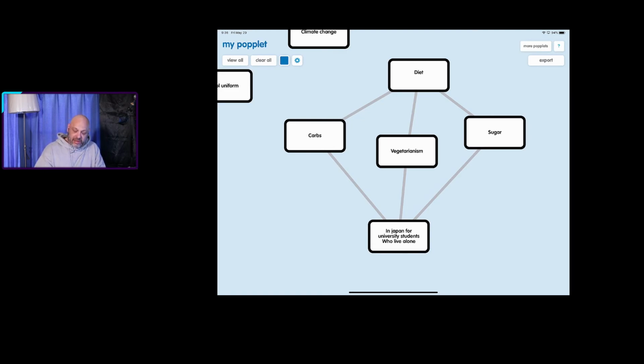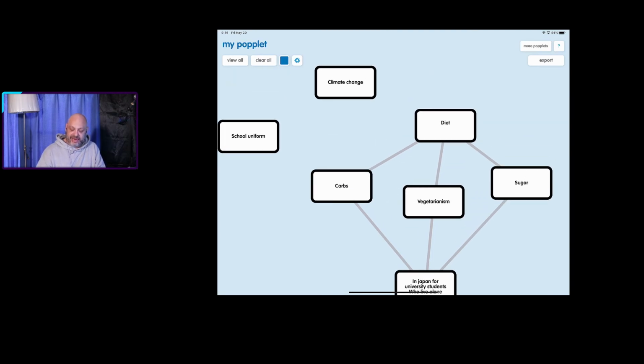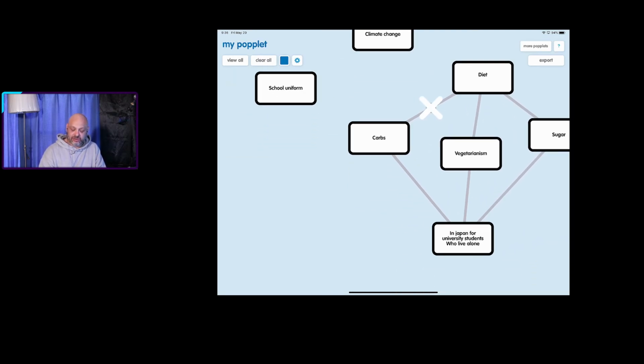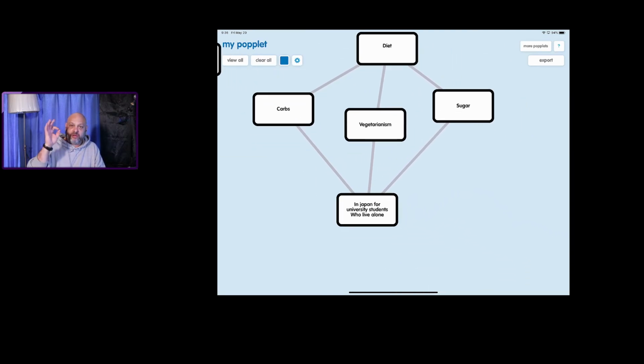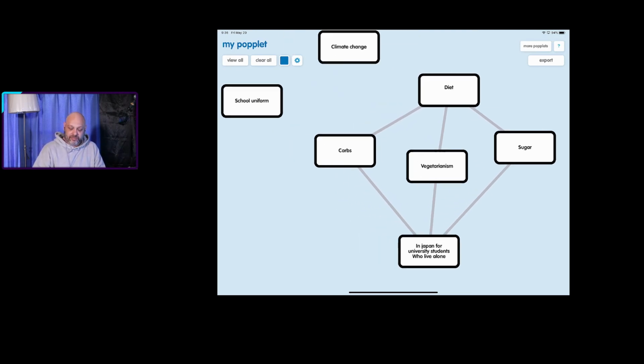So if you have a big idea like diet or climate change or school uniform, right? Focus on a group of people, a demographic, age, location, and lifestyle, depending on what it is that you want to do, and really focus it in that way.